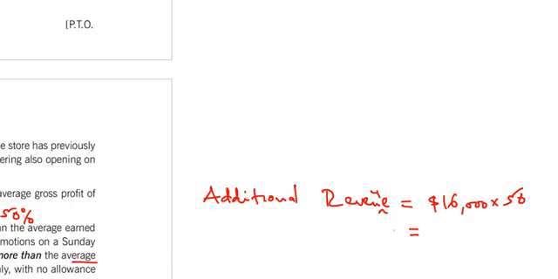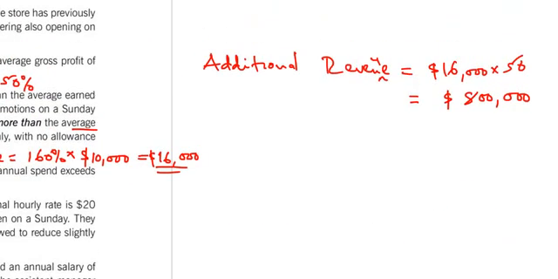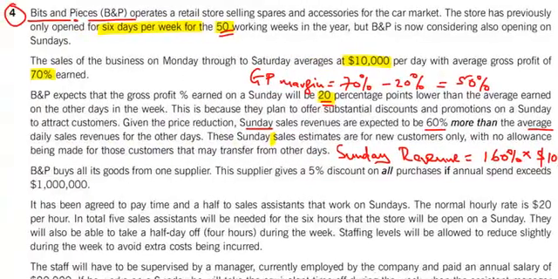And what does that give us? Use your calculator, it should give us 800,000. So that's your additional, incremental revenue. Let's read through the rest of the question and see where the other figures are coming from.